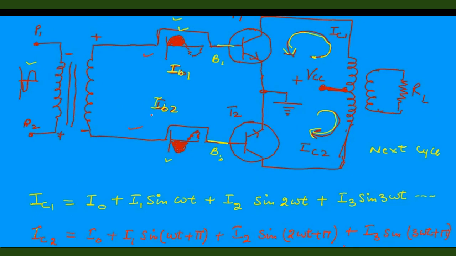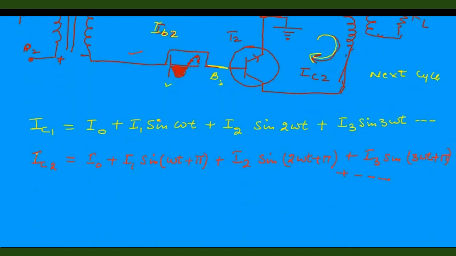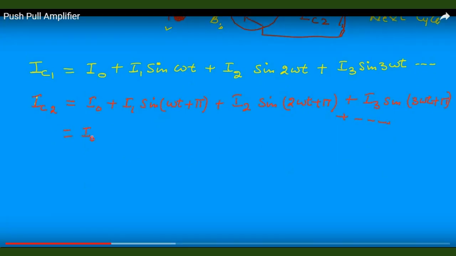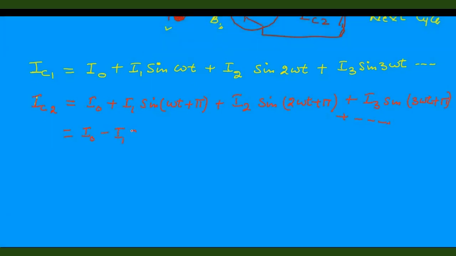Now here we are writing a general equation. If it is exactly class B operation, then there will not be any I naught, only the signal currents like omega, 2 omega, 3 omega. But here I naught is also considered, in case some current is flowing in the absence of the signals.